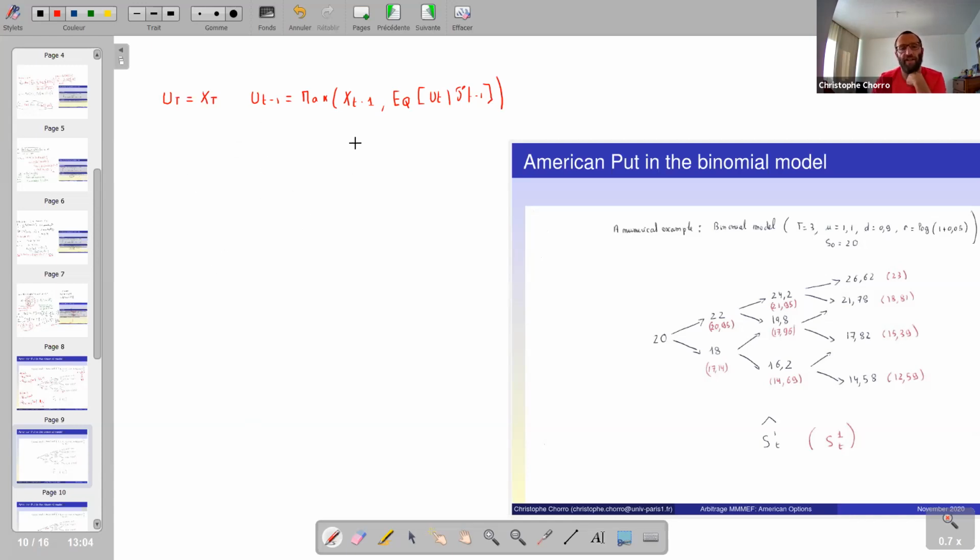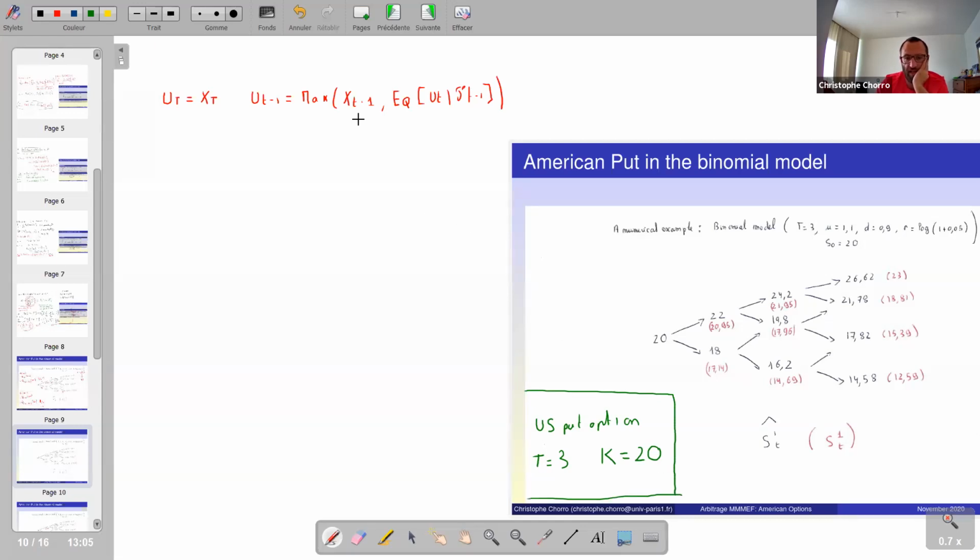So if I want to find U_T explicitly, it's my job here, I want to price. So I want to price what? I will price a US put option with maturity T equal to 3 and a strike that I will take equal to 20. I want to price this put option here.